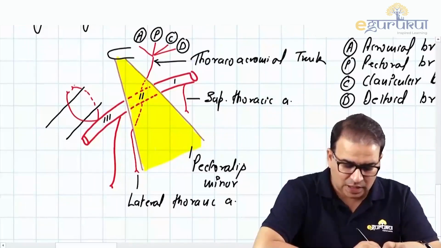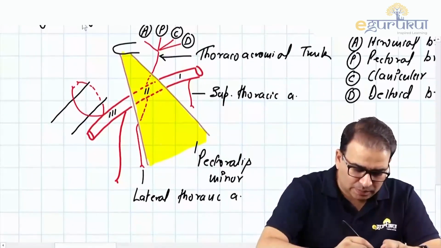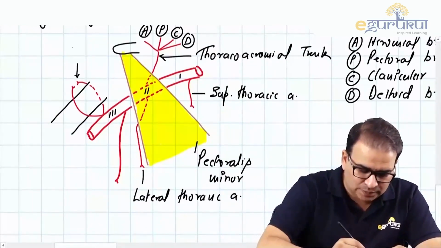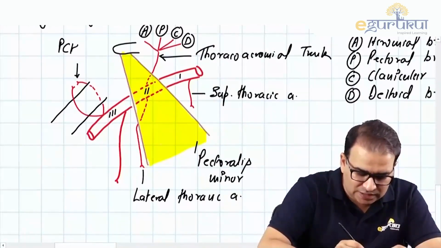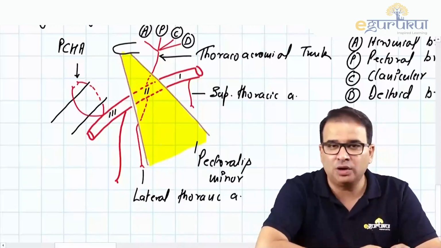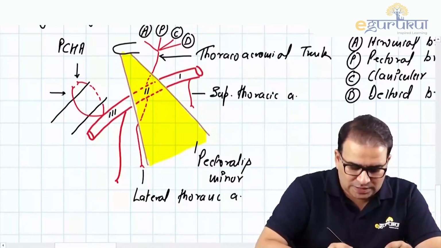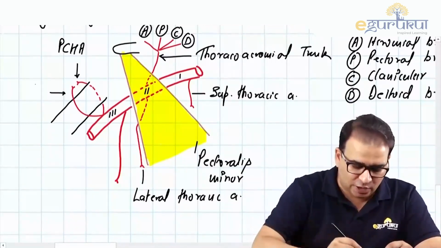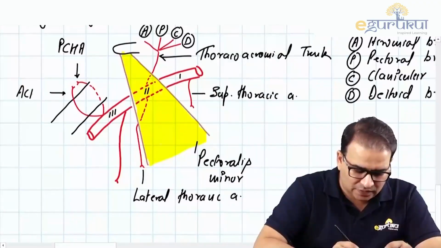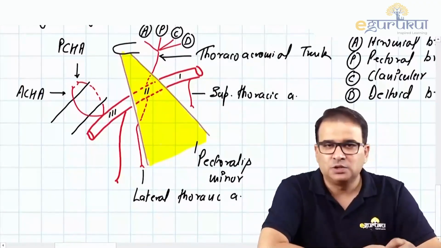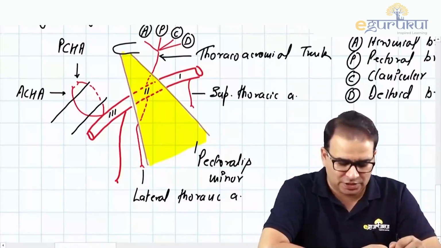What arteries are these? Well, this artery which is winding posteriorly here is called the posterior circumflex humeral artery. I'm writing in short PCHA, posterior circumflex humeral artery. Whereas the one which is winding in front of the surgical neck of the humerus is the anterior circumflex humeral artery. So PCHA and ACHA are the 2 branches here.